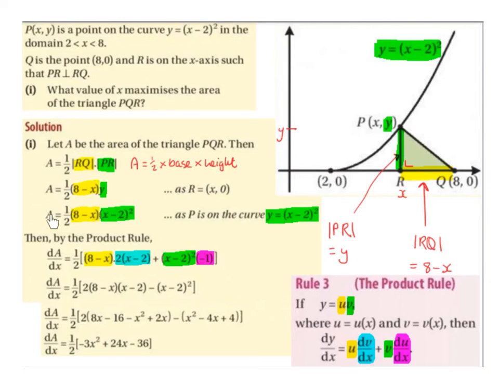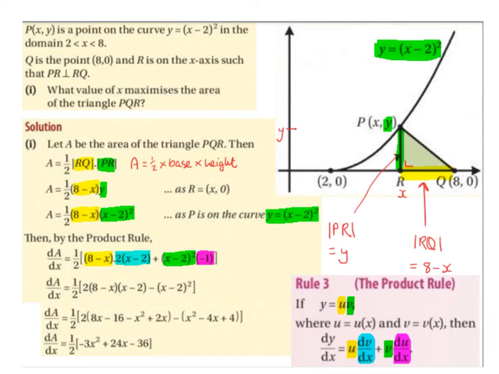So we want to differentiate this, so we're going to use the product rule. We take the half, which is the constant, outside, and then we differentiate what's on the inside. So this is the u, and this is the v. We write down the u, and then we differentiate v with respect to x. Differentiating (x minus 2) squared, we use the chain rule, so we have 2 times (x minus 2) to the power 1, which is 2 times (x minus 2).